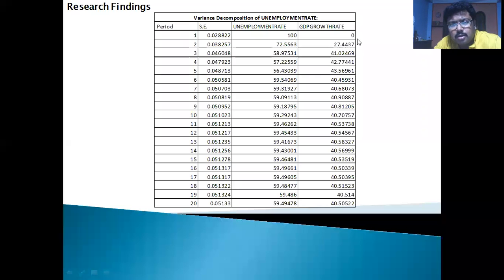Okay. So we can say that here is the role of policymakers and decision takers. What type of policy should be taken to reduce the unemployment rate?